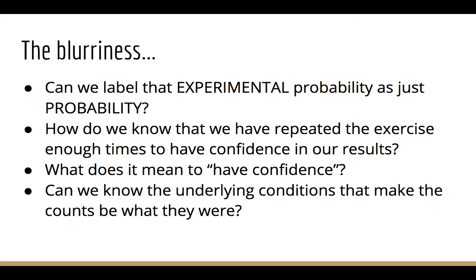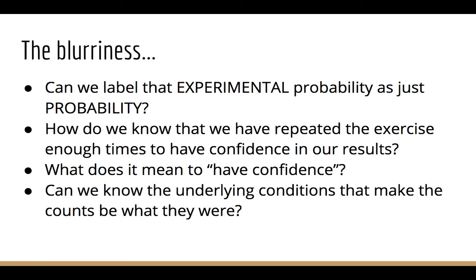So here's where the blurriness comes in. Can we label that experimental probability as just probability? Maybe, maybe not. There is something called the law of large numbers that says that the more times we perform an experiment, the closer we get to the actual, theoretical probability.